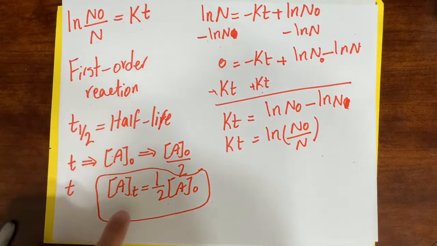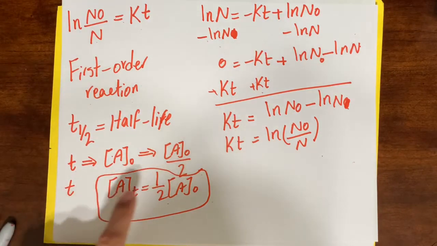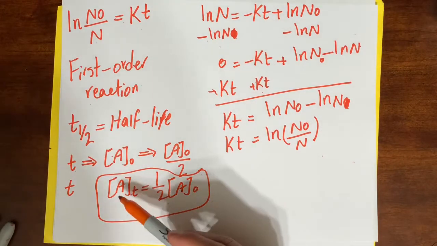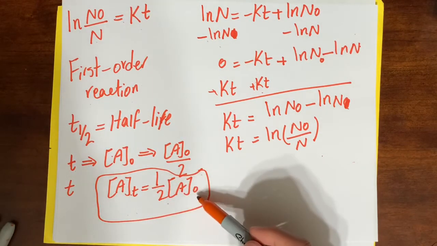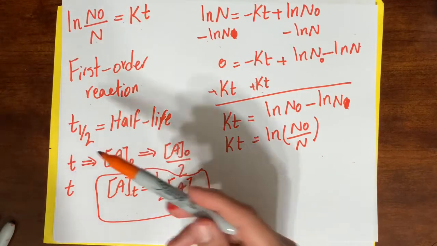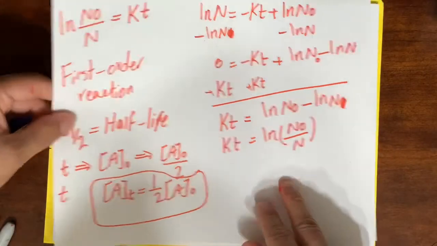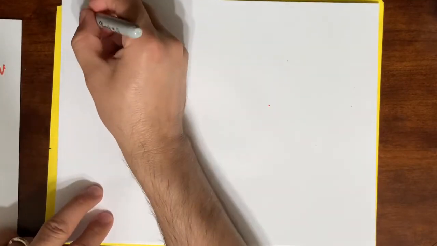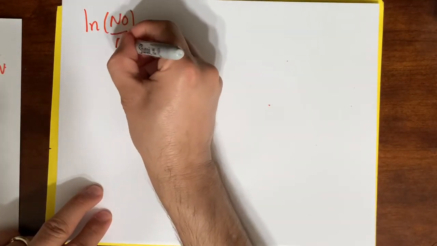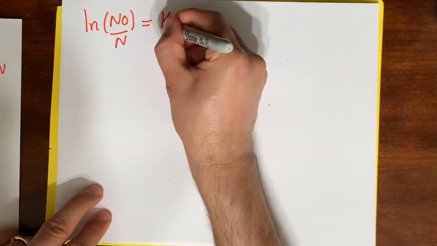Okay. So the concentration after this T will be half of the initial concentration. Wherever you have A, replace it by half of A0, or wherever you have N, replace it by half of N0. So I'm going to go with this one. The formula says ln of N0 divided by N is equal to kt.